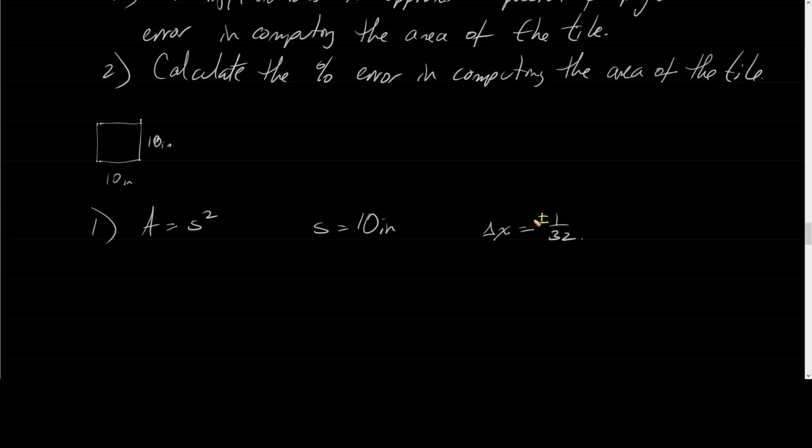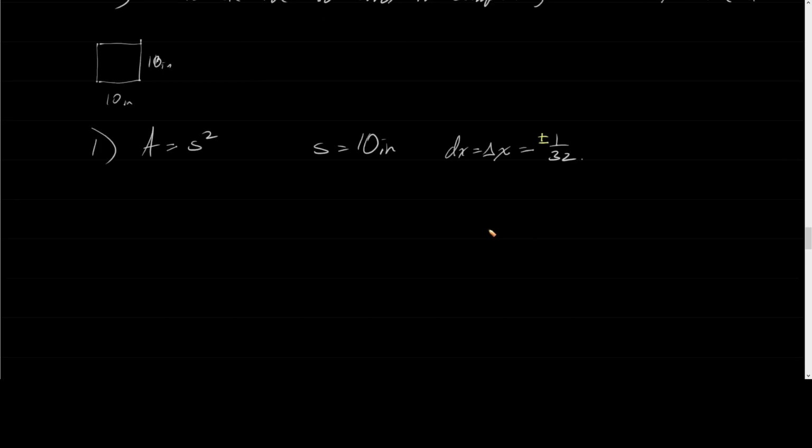Now, this delta x can be considered to be dx. If I take the differential of the area, that's going to give us 2s ds. Now if I plug in the things that I have, I have 2 times 10 times 1/32, again technically plus or minus.